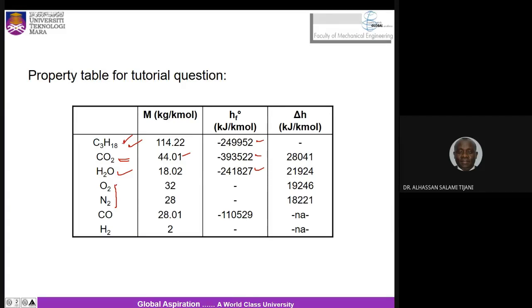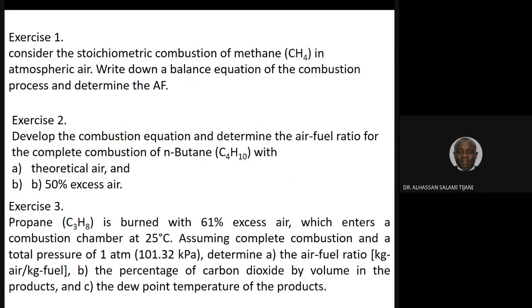Similarly, hydrogen exists in its natural state. And this is the change in enthalpy of each particular species. This one does not exist because it's only a fuel. This is also not applicable. We will look at a typical example later on.